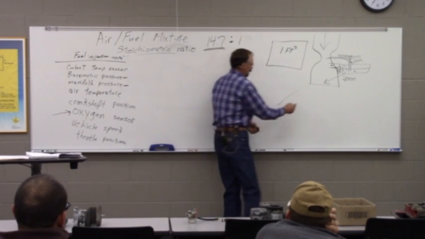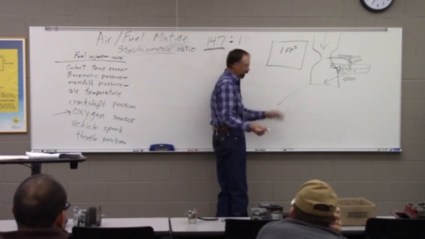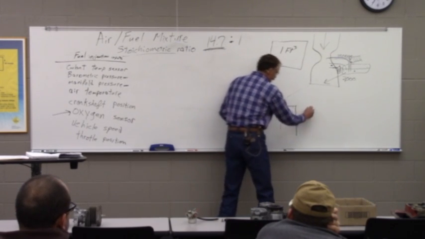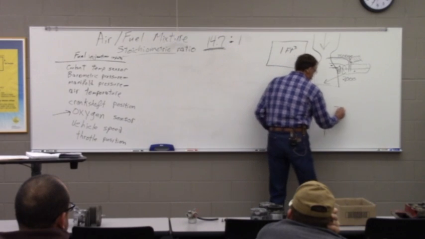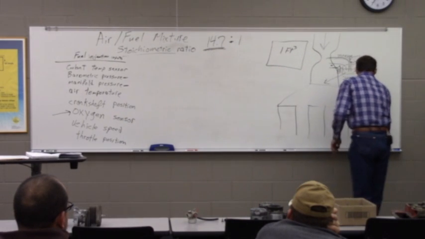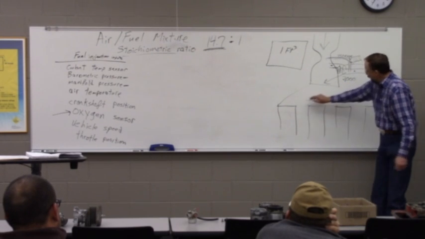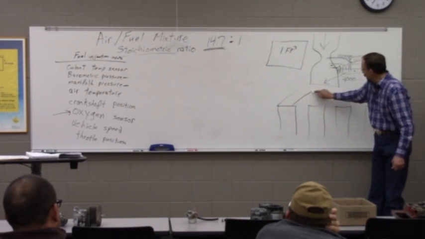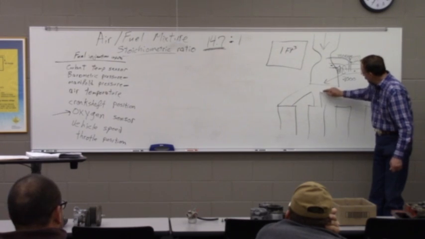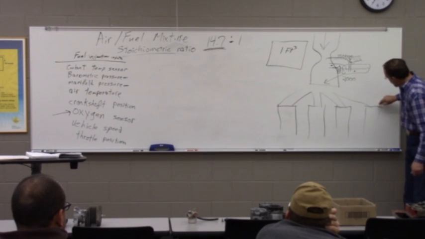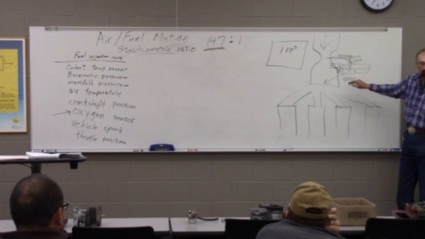And so if we had, for example, we'll just say a 4-cylinder engine, we've got our 4 cylinders down here, and we need to get our air-fuel mixture into all of them. Why, we'd have a manifold that would plumb those all together to this single carburetor.